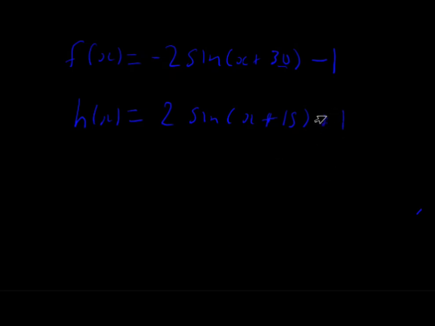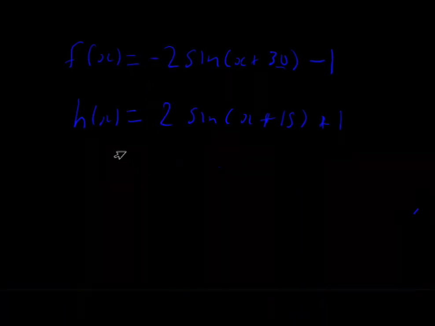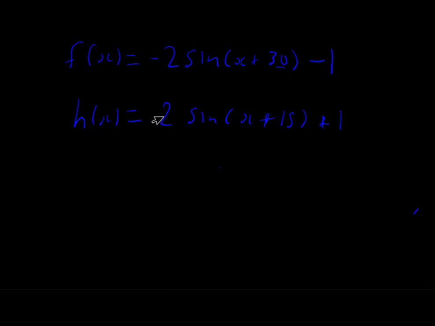Now what you would notice is that, first of all, this is different, right? If you see that the signs have changed, it's the same as reflecting in the x-axis. Let's prove it. If we reflect in the x-axis, it is y that becomes negative, right? But now notice, f of x is this whole stuff. So if I substitute it, I'll end up having minus 2 sine x plus 30 minus 1.